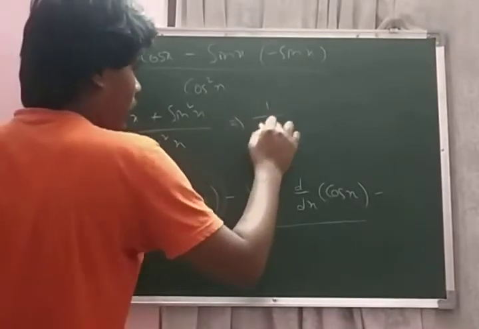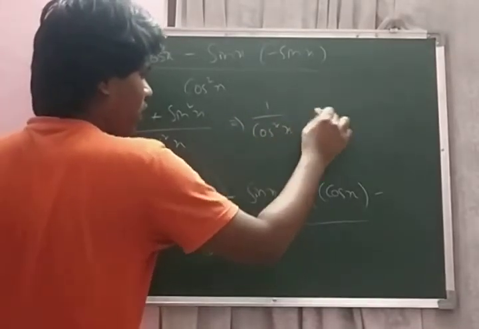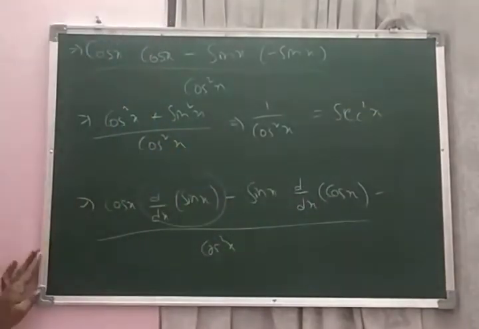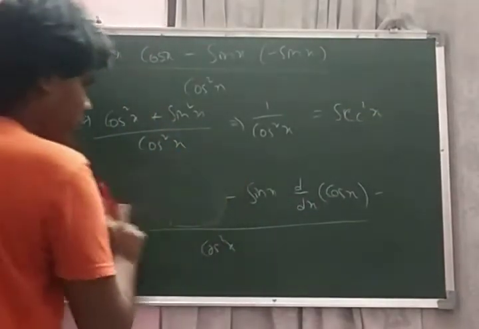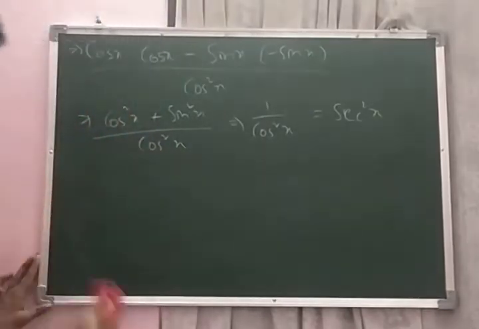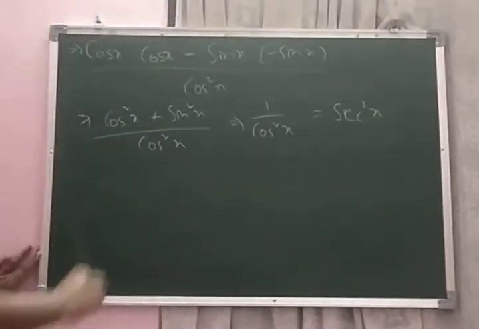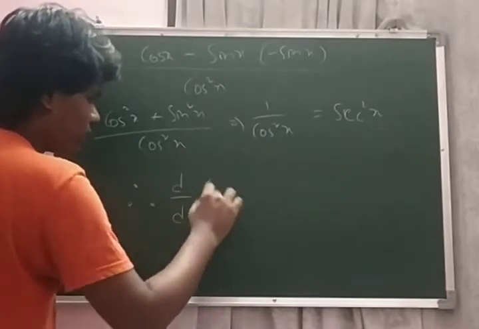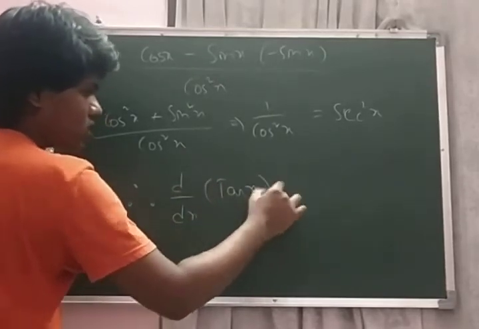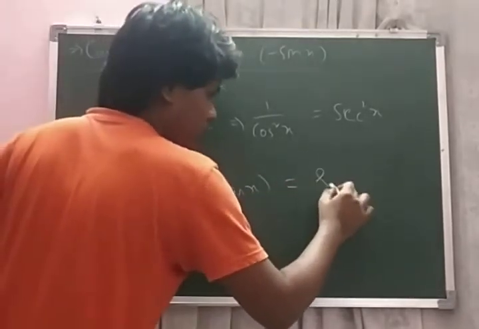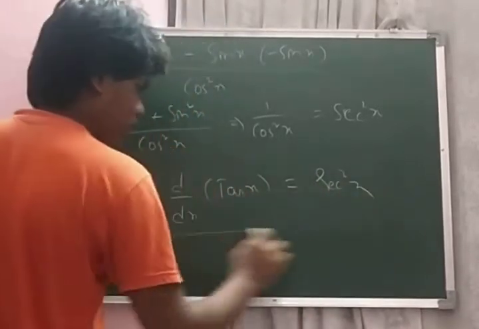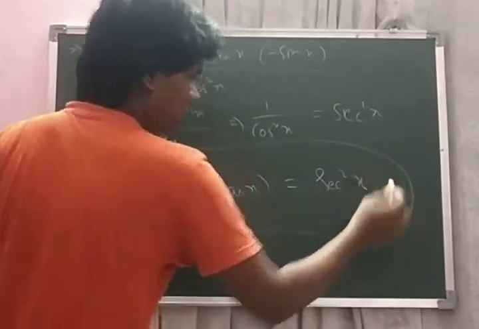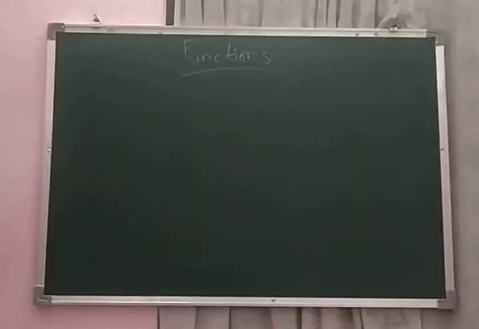So 1 by cos square x. 1 by cos square x is secant square x. So the final conclusion is that d by dx of tan x is equal to secant square x. So like this we can prove it.